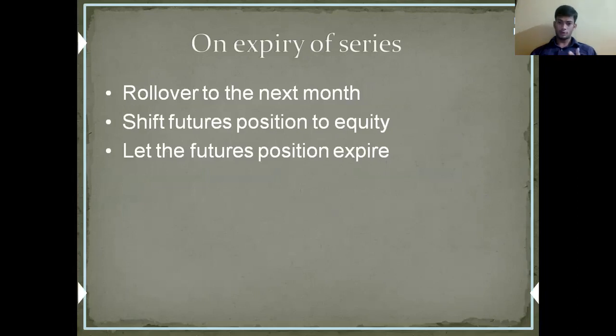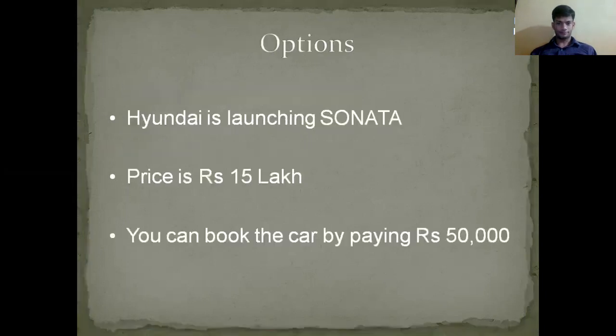Shift the future position in equity. Let the future position expire. Roll over to the next month means whether we do it today or tomorrow, it is transferred to the next month. The future positions are shifted, and the future position expires because your time lag is high, then the risk is high.